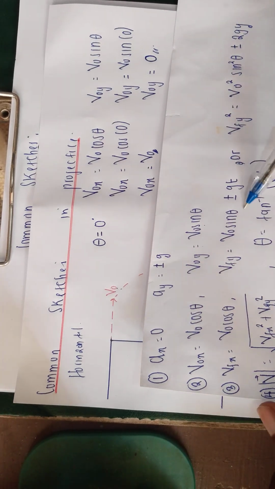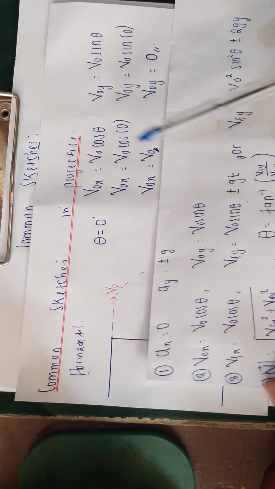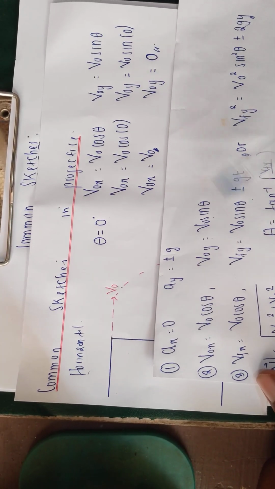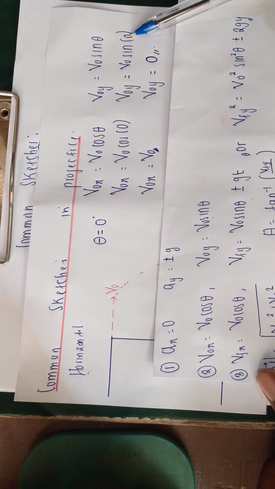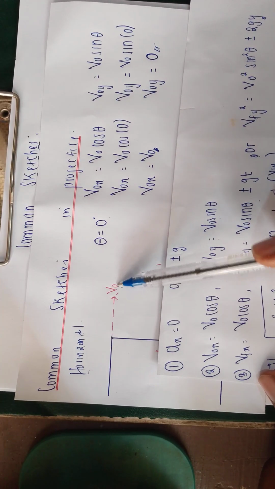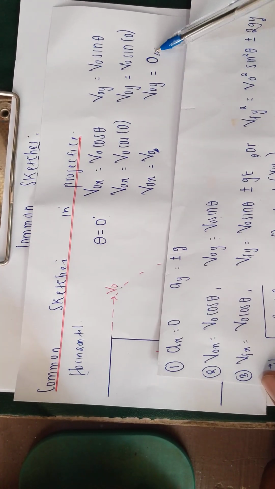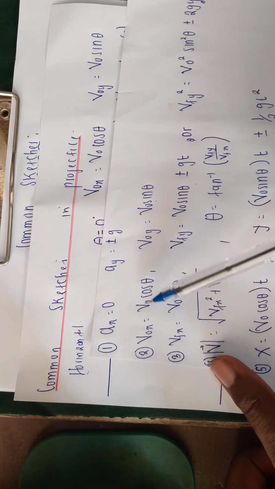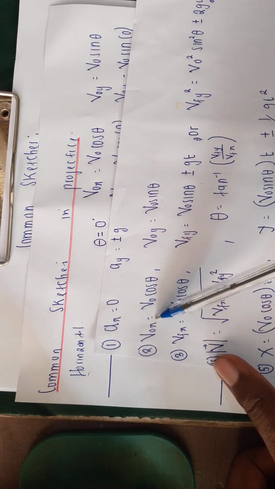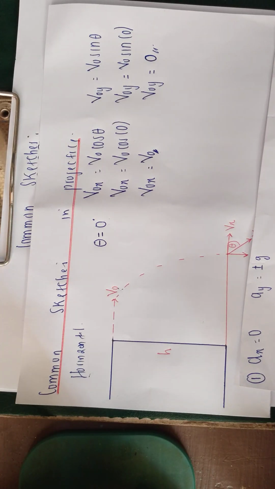So we're just using the same formulas from the previous videos. It's just that for horizontal the angle is 0, so you can further simplify these formulas since we already know the value of theta. Cos 0 is giving you 1, that's why the initial velocity in the x is equal to the initial velocity of that ball, and the initial velocity in the y is going to be 0. So this is how you handle the initial velocity in the x and y for horizontal projectile motion.